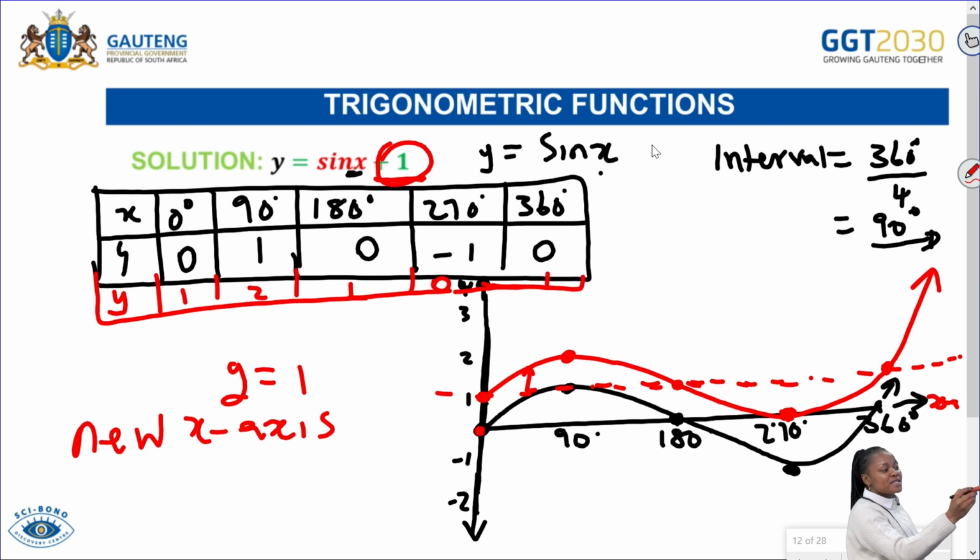Because now your graph is starting at positive 1, it's turning at 2 because it has shifted 1 unit upwards, and then the resting point is now at y equals 1. Again, at 0 because it has shifted from negative 1 to 0, and then here at 0 it has shifted 1 unit upwards.